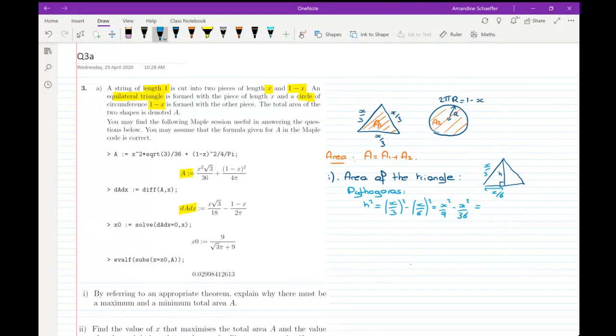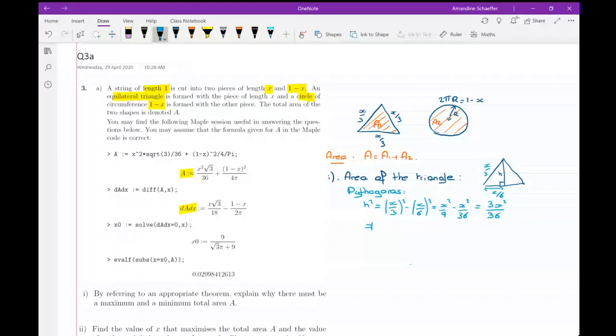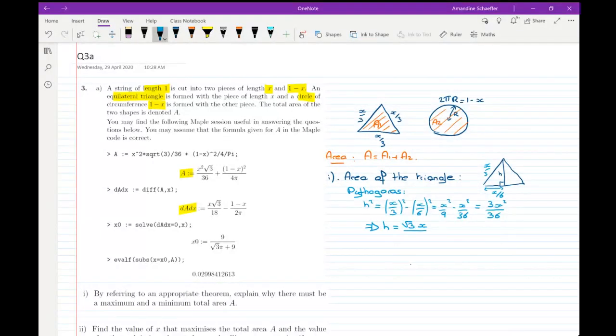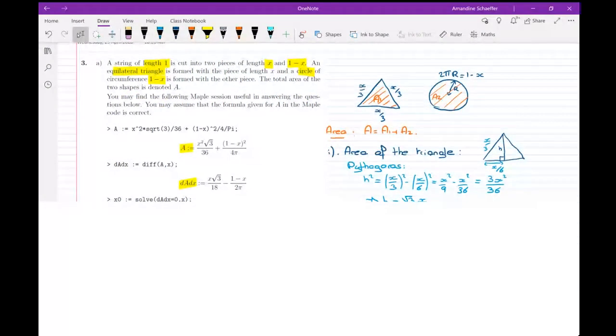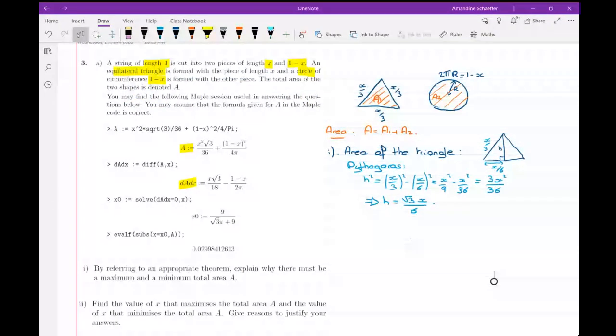You put everything on the same denominator, you find 4x squared minus x squared, so 3x squared on 36, which gives you h, which is positive, so square root of this, so square root of 3 times x divided by square root of 36, which is 6. And all of that is useful to find A1.